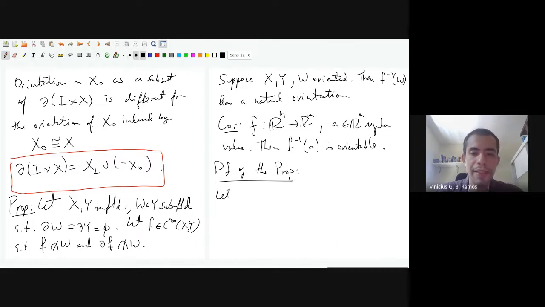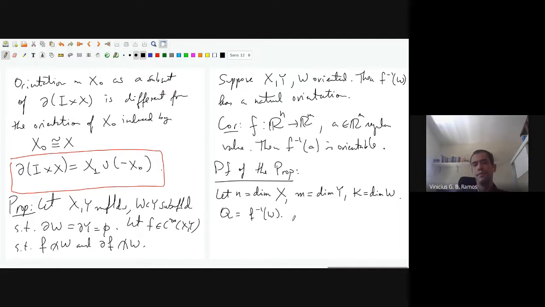As usual, I'm going to let n be the dimension of X, m the dimension of Y, and k the dimension of W. And I'm going to write Q for the preimage of W. By the dimension count, the codimension of Q is the same as the codimension of W. So the dimension of Q is n minus m plus k. Okay?